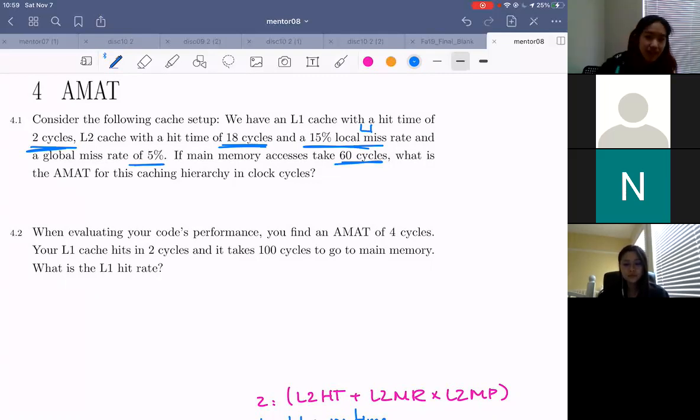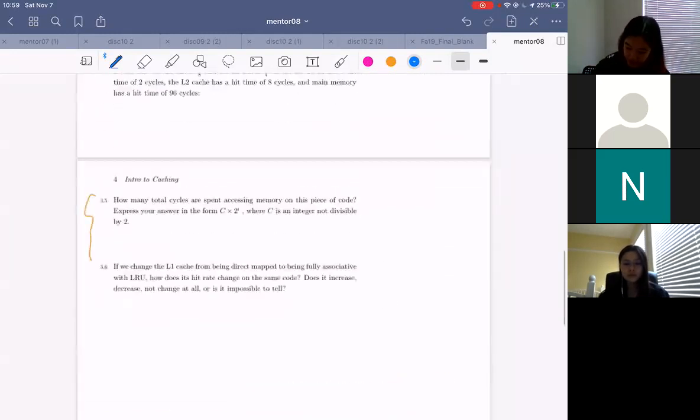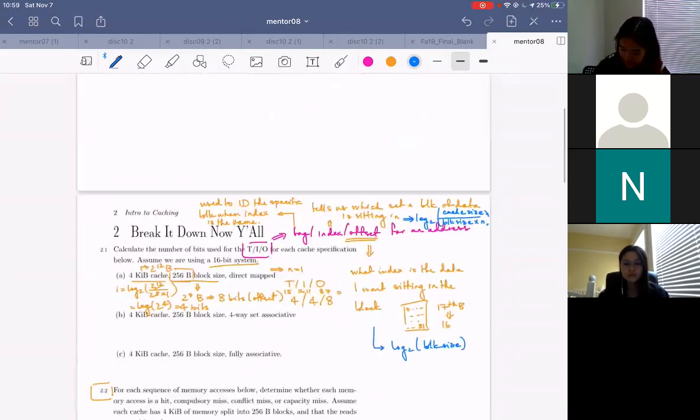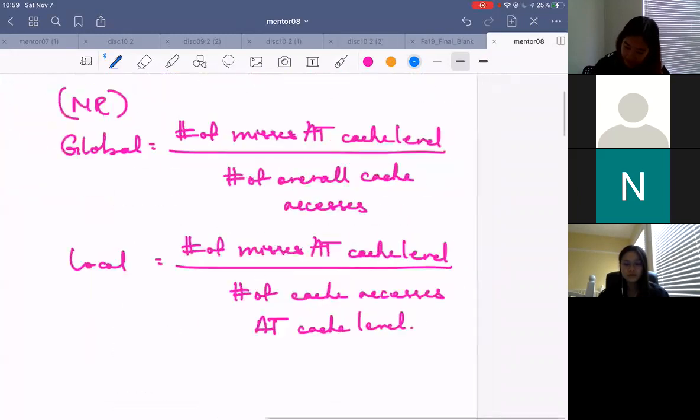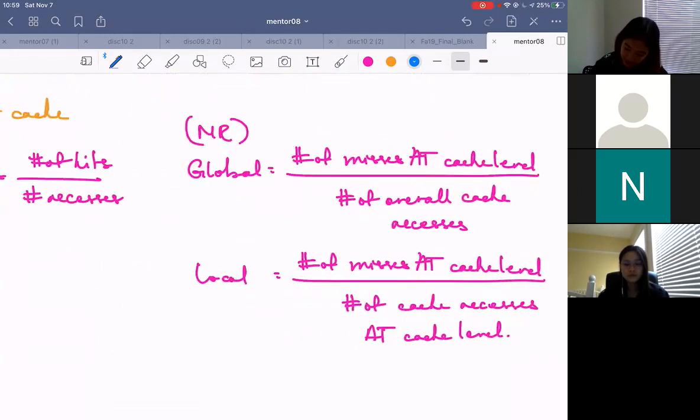So if we take a look at this, our L1 miss rate will be the global miss rate divided by the local miss rate. The reason is because if we look at the previous equations that we have for this, somewhere back here, if we divide global by local, then what we'll wind up having is this divided by this.